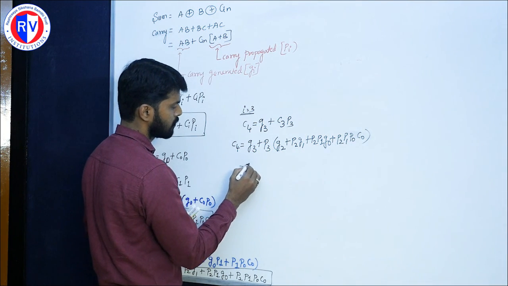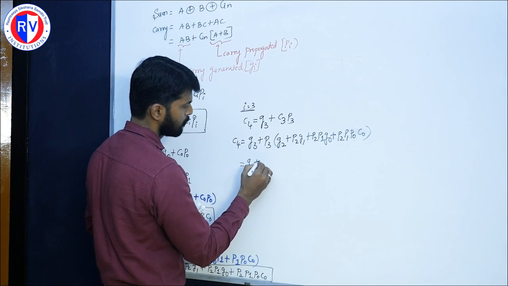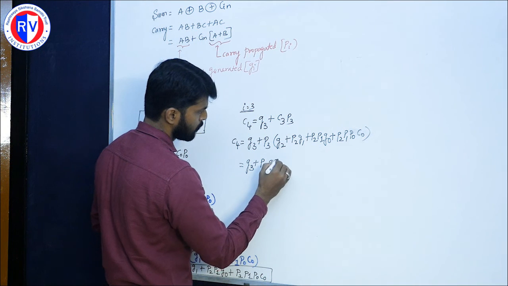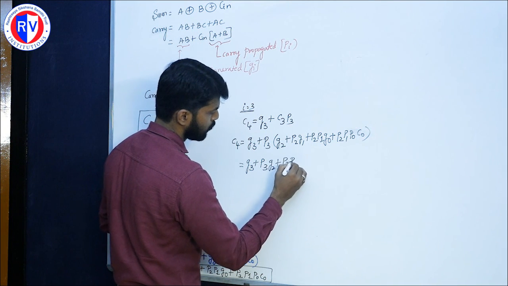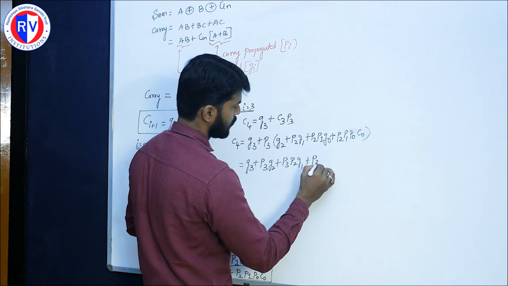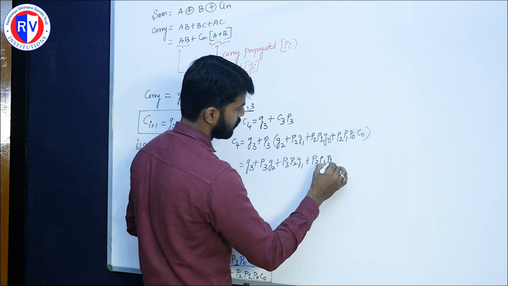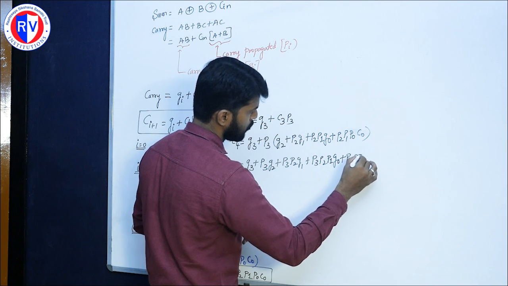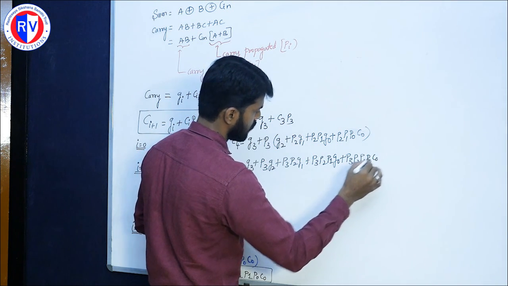After expanding, this becomes G3 plus P3 G2 plus P3 P2 G1 plus P3 P2 P1 G0 plus P3 P2 P1 P0 C0.